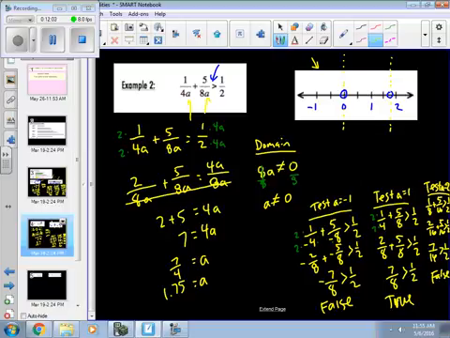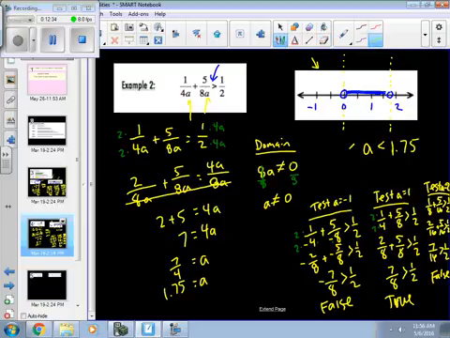Okay, so on this one, the region that made this true was the one in between, so we would shade in between here. Also, we should write out our answer, which I think we forgot to on the last one. The answer for this one then would be the inequality that would describe what's happening here. So a has to be less than 1.75, forgot the 7 there, less than 1.75.